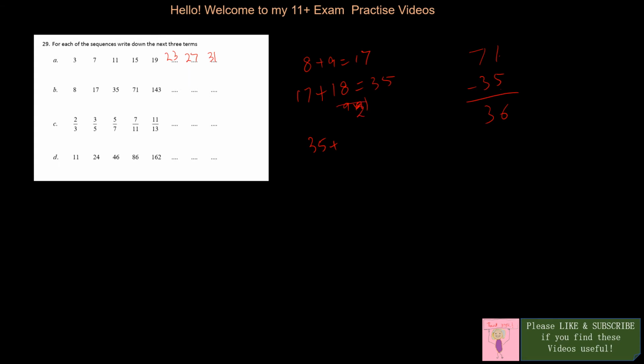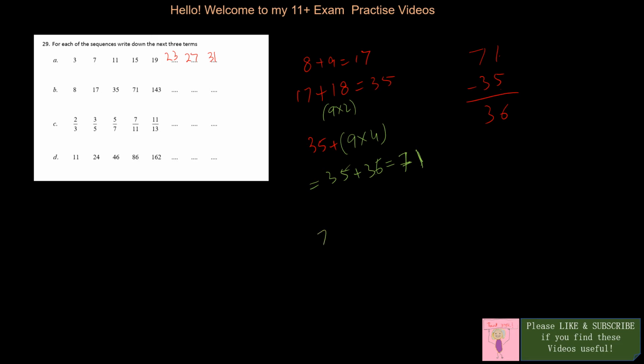Wait, let me write it clearly so it's easier for us. So this is 9 times 2, then 9 times 4. What is 9 times 4? 35 plus 36 is 71.